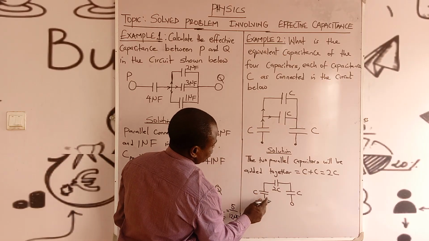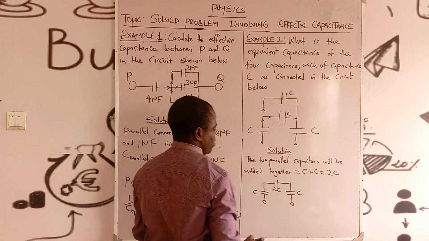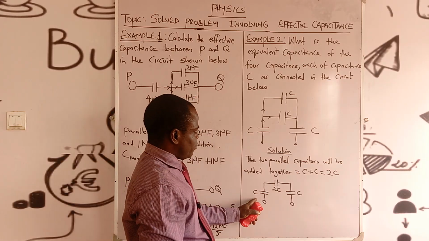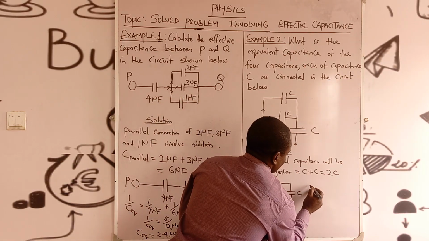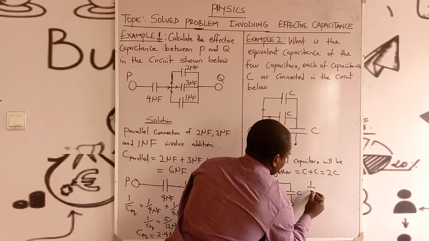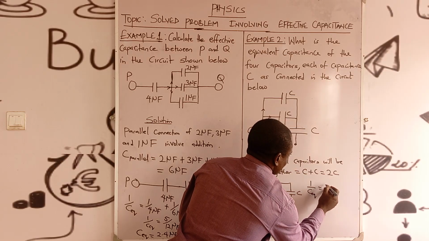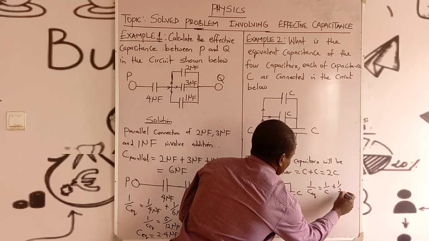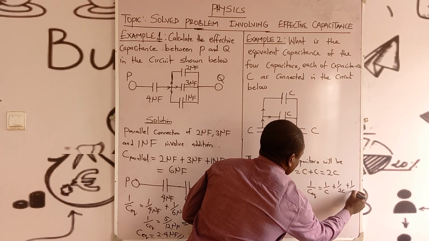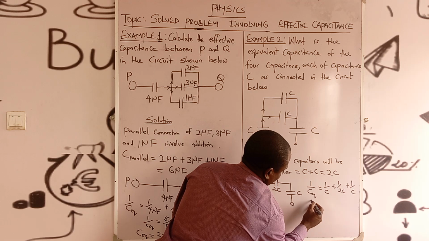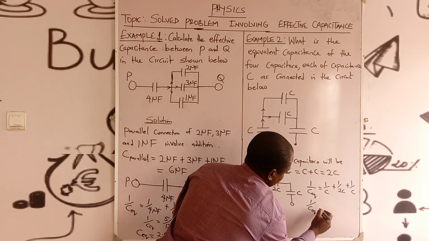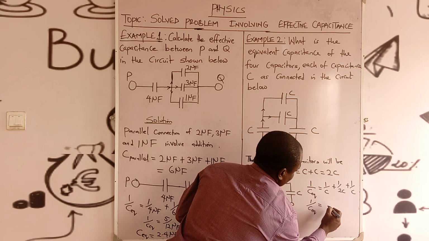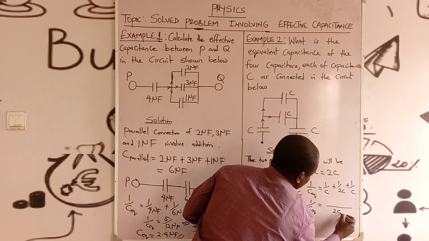And now they are in series with each other. That means you find the reciprocal of each. 1 over C equivalent equals 1 over C plus 1 over 2C plus 1 over C. Now 1 over C equivalent equals, what's the LCM? That's 2C.